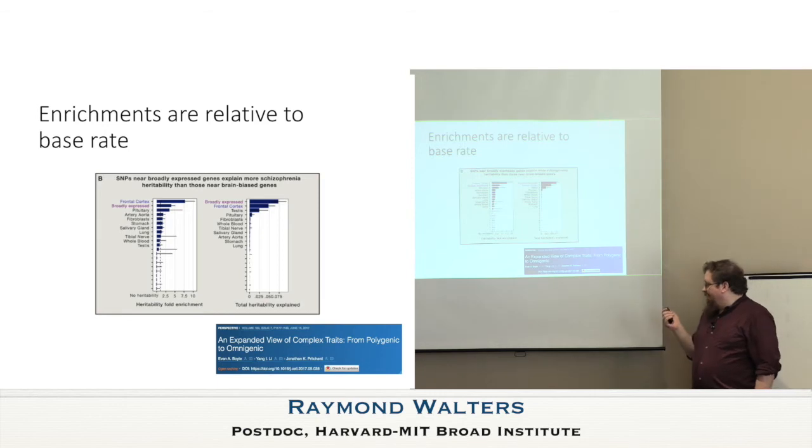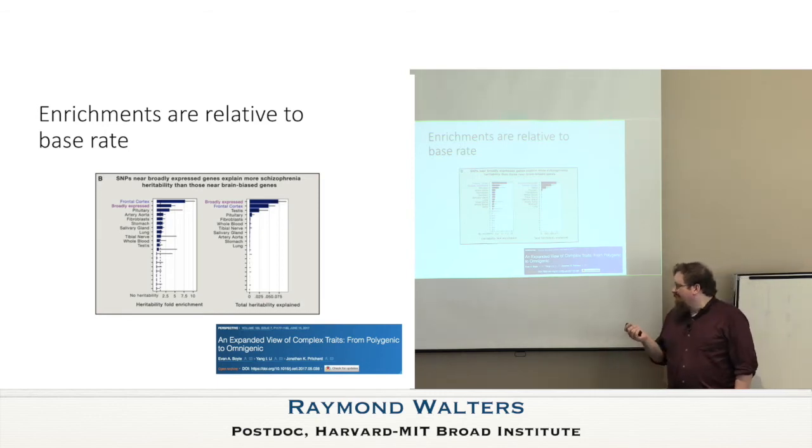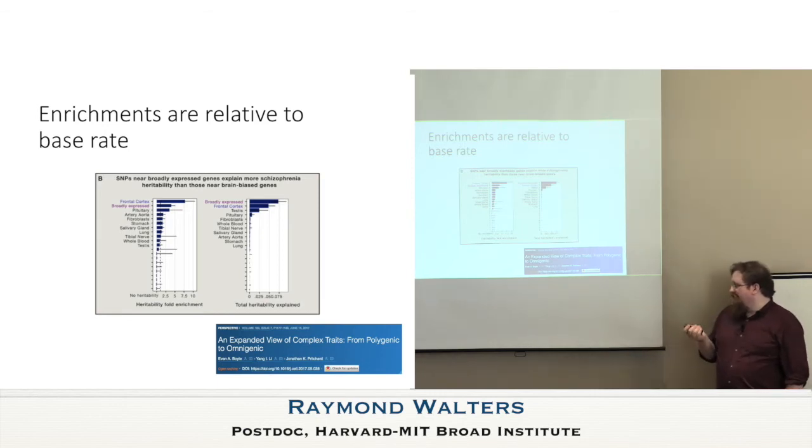This is an example that was used in the Pritchard Lab omnigenic model paper, but is a useful observation: for example, in schizophrenia, if we take the enrichment in different tissue types, we see that the strongest enrichment is in annotation of expression for, say, frontal cortex in the brain.